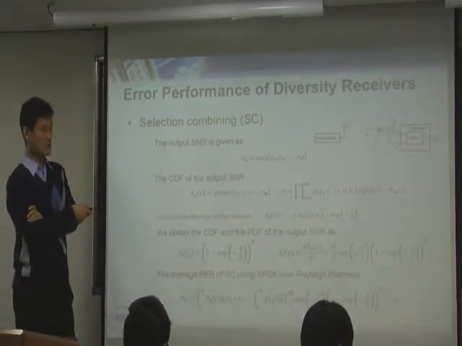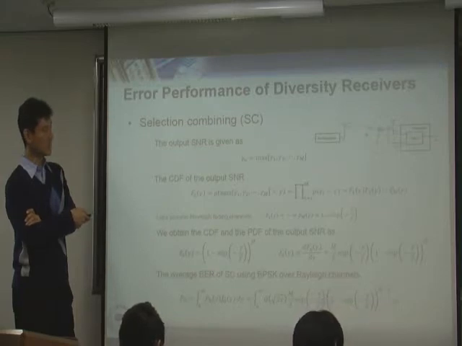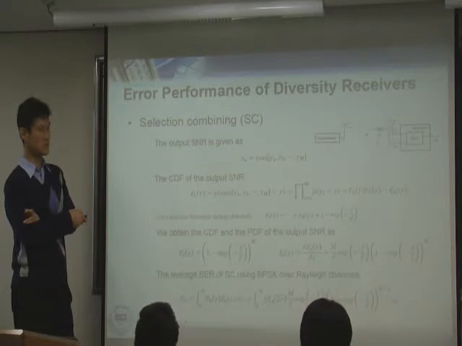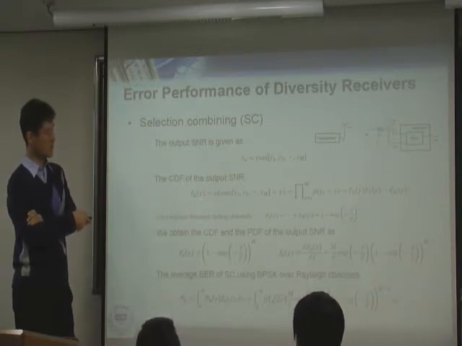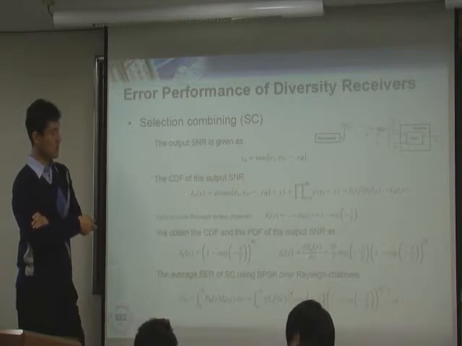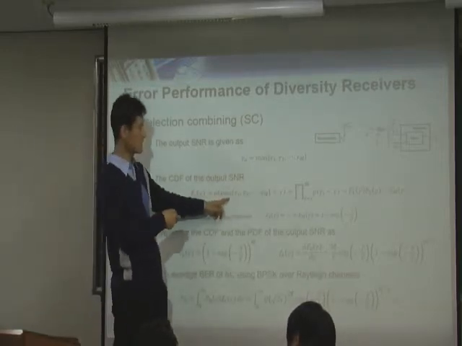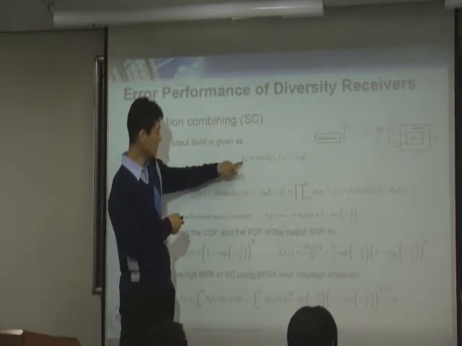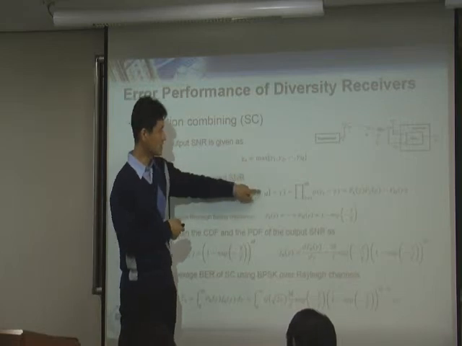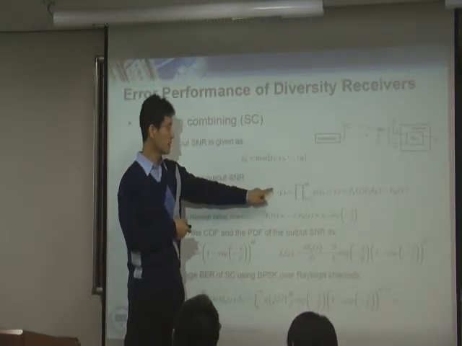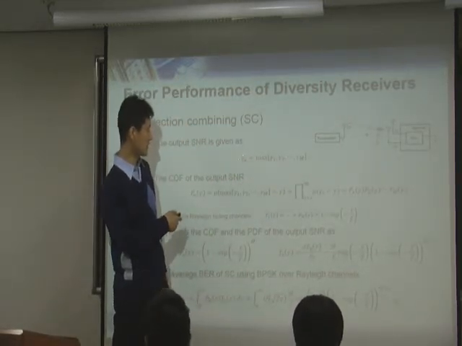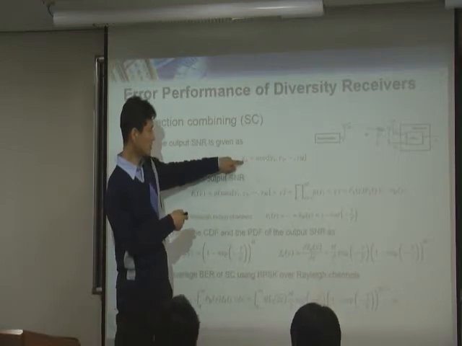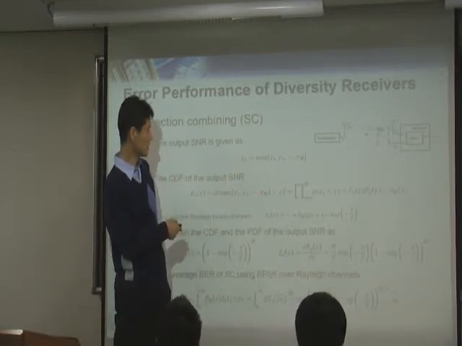In that case, we are starting a little bit differently. We are starting from the CDF, the cumulative distribution function. The probability that the maximum of this, the probability that the output SNR is less than a certain value, is written this way, because the output SNR is the same as this one, so you can put this one in here.